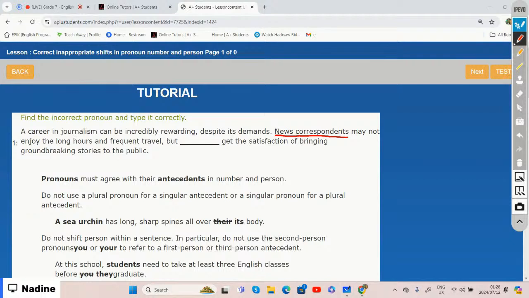News correspondence refers to more than one correspondent, more than one news anchor. News correspondents may not enjoy the long hours and frequent travel, but they can say they get the satisfaction of bringing groundbreaking stories to the public. So they is our correct pronoun that responds with our antecedent.